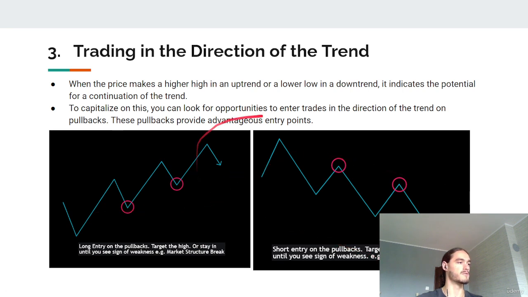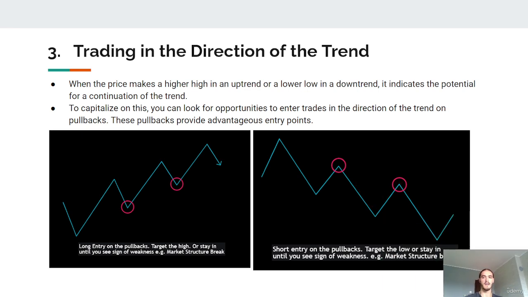And here you can see a downtrend. We want to get in on the retracements. So let's say if you were to get in here, you will target the low. Let's say this was a downtrend. We have a lower low, lower high. Let's say it was in a lower time frame. We want to get in on the retracement and target the low, or we can stay in until we see a market structure break.